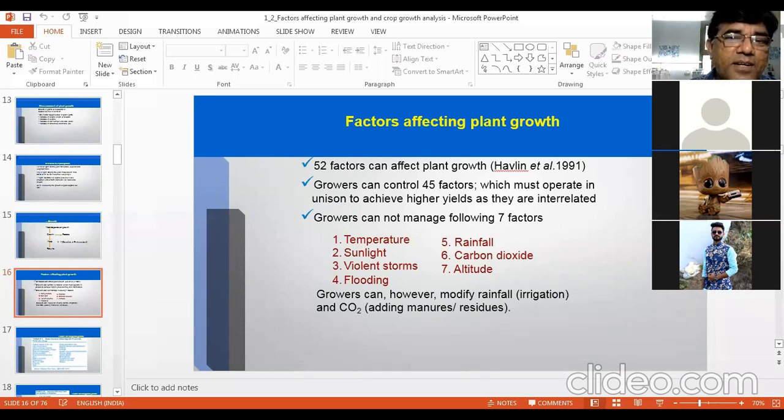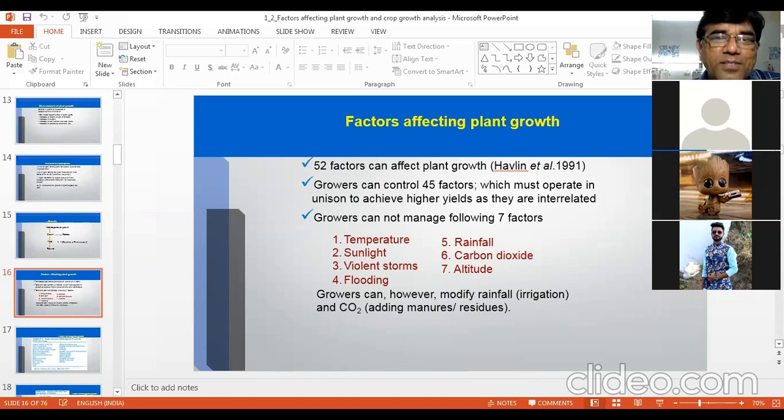However, farmers can control only 45 factors, according to Havlin, which must operate in unison to achieve higher yields as they are interrelated. It is just like the law of minimum, or law of limiting factors. All the factors may be all right, but if one factor is very adverse, it can neutralize the benefit of the other factors.